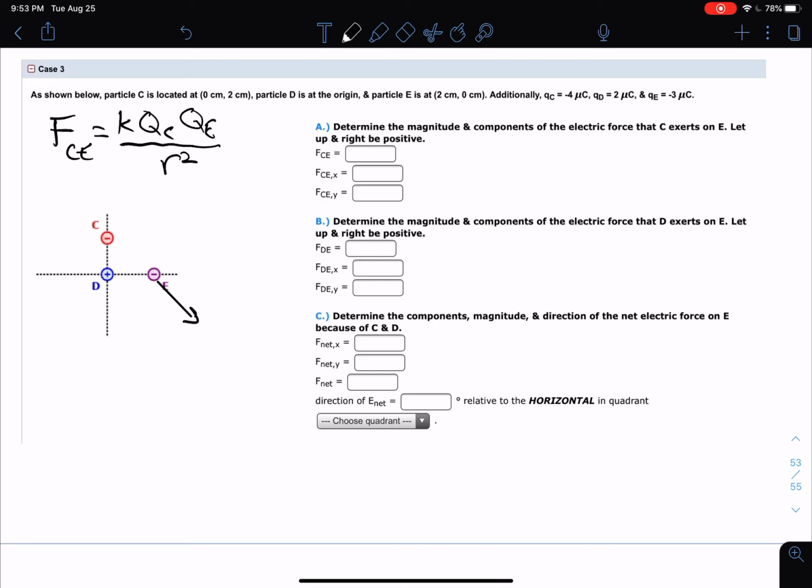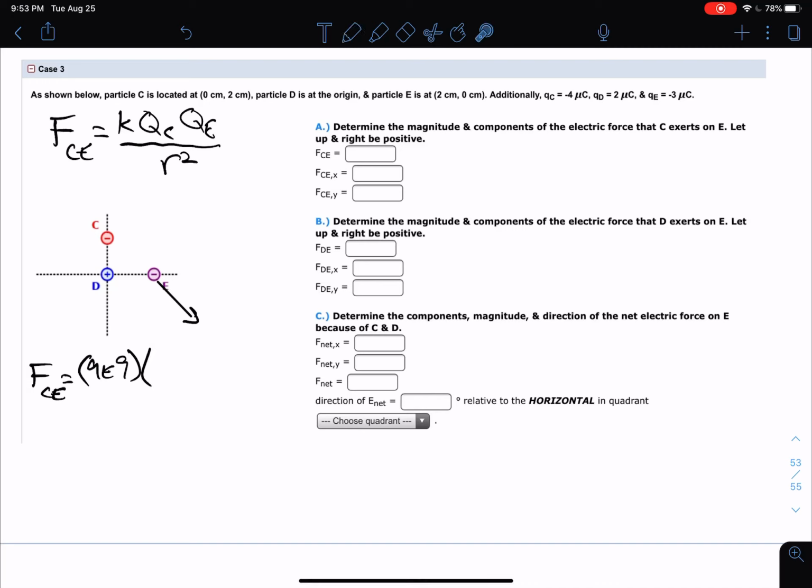That's all there is to it. Now let's look at some of the details. I am going to actually put the values in here. So F, that's C on E. Okay, so K is 9 times 10 to the ninth. Okay.